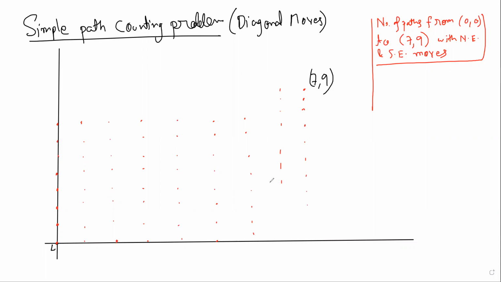So how many ways would there be? Yesterday it was like 8 comma 0, 10 comma 0, but now we want to go somewhere in the middle.